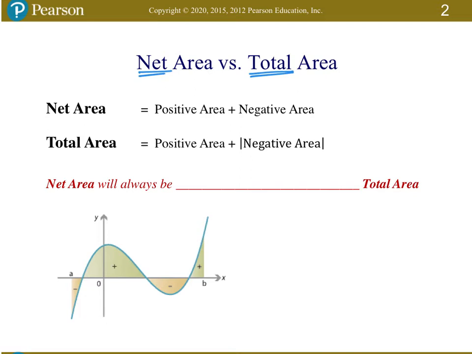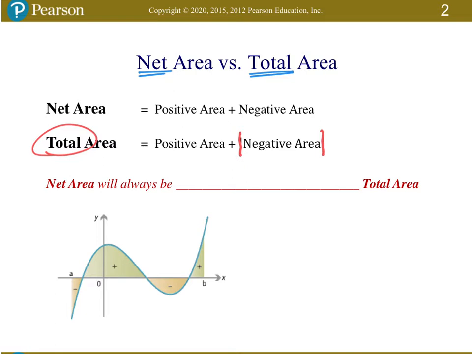This is what you've been doing all along. When you are specifically asked for total area, the total area puts an absolute value around anything that's negative. And so it is going to make the negative area a positive number so that everything you add is positive, which is going to give you a bigger number than what you had before.